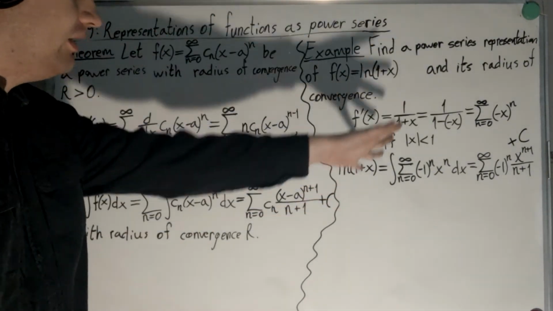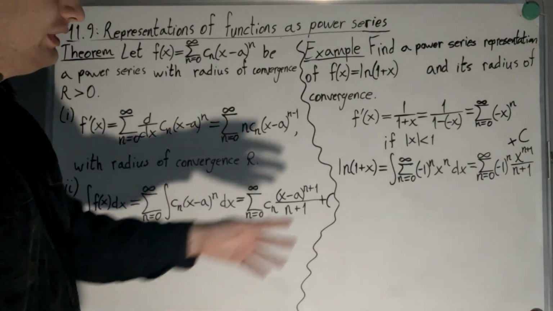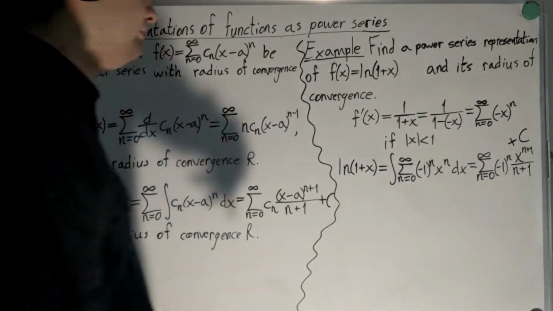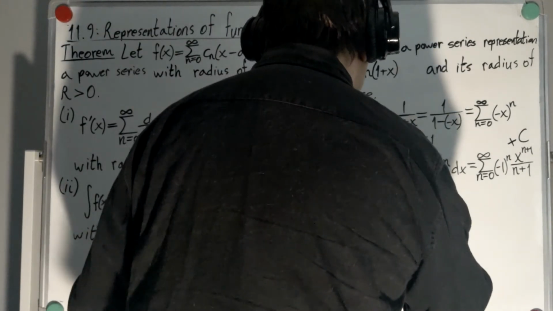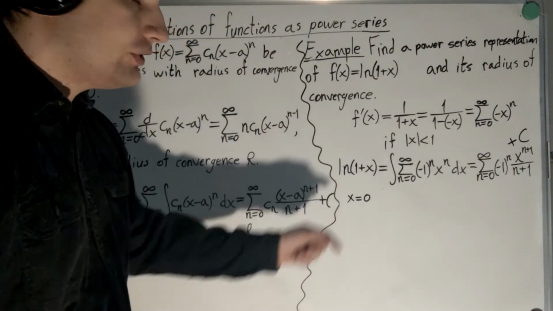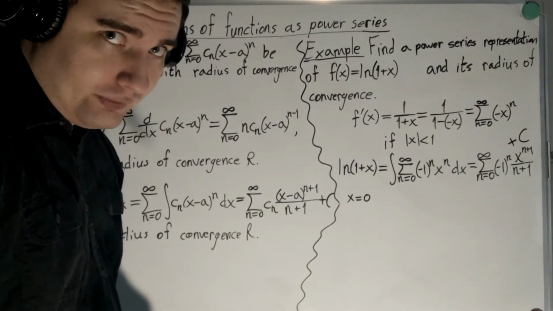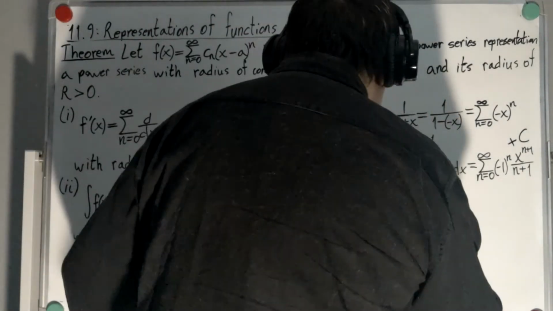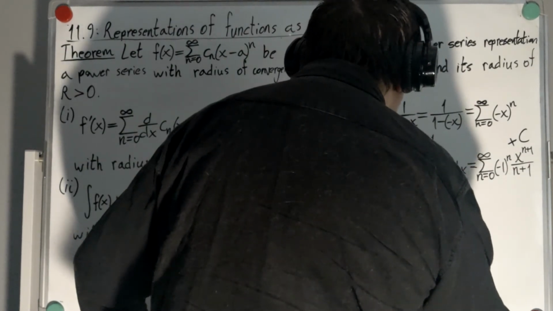I'll do it explicitly here for this one. So for this one, I'm going to set x to be 0. If x is 0, then this becomes natural log of 1, which is just 0.